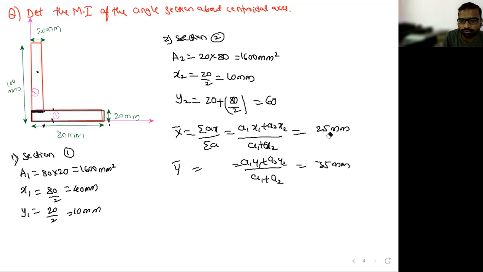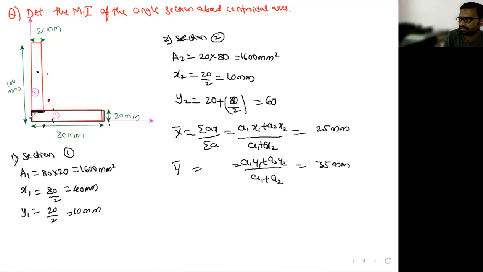This 25 mm is along the x direction, and here the width is 20 mm. 25 means out of this section, so it will come somewhere about this point. Then along the y direction it is 35, and here it is 20, so it is somewhere about this direction. Both will coincide there, so that is your CG.